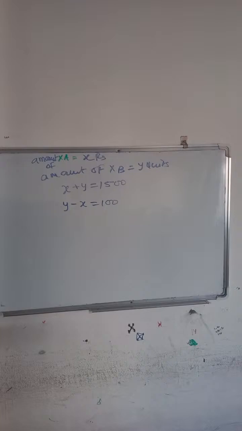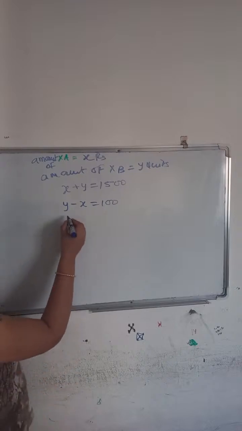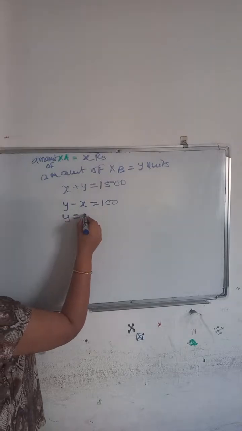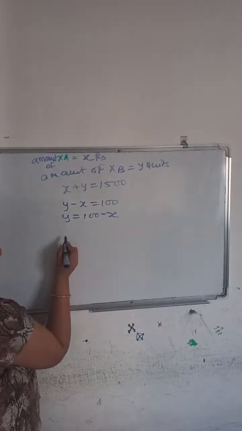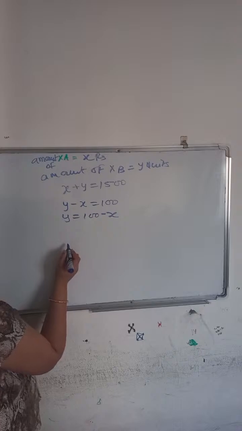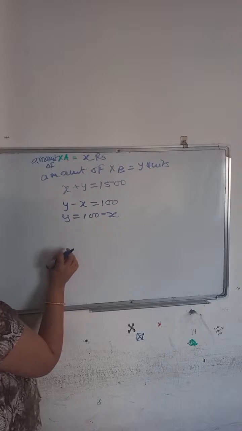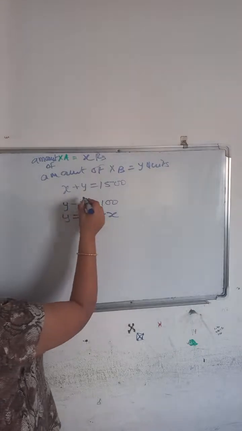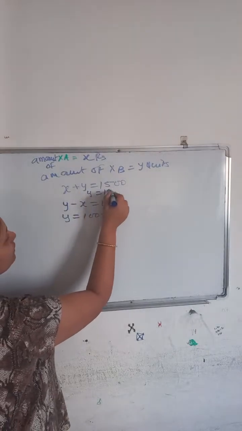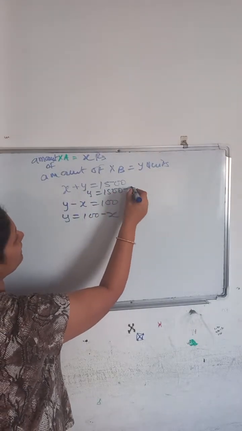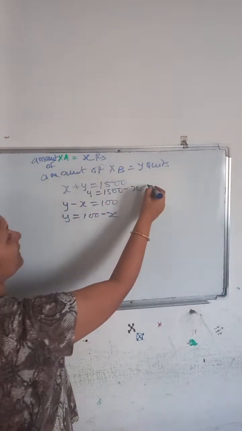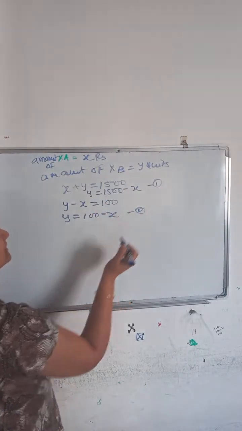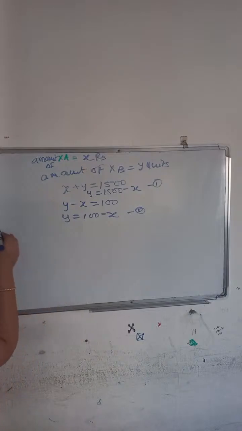Then can you plot the graph? I already wrote the equation. And here if you want, you can modify it to y is equal to 100 plus x. And here again you can take y is equal to 1500 minus x. So you can take this as equation number 1, this as equation number 2. Now I will write here y is equal to 1500 minus x.